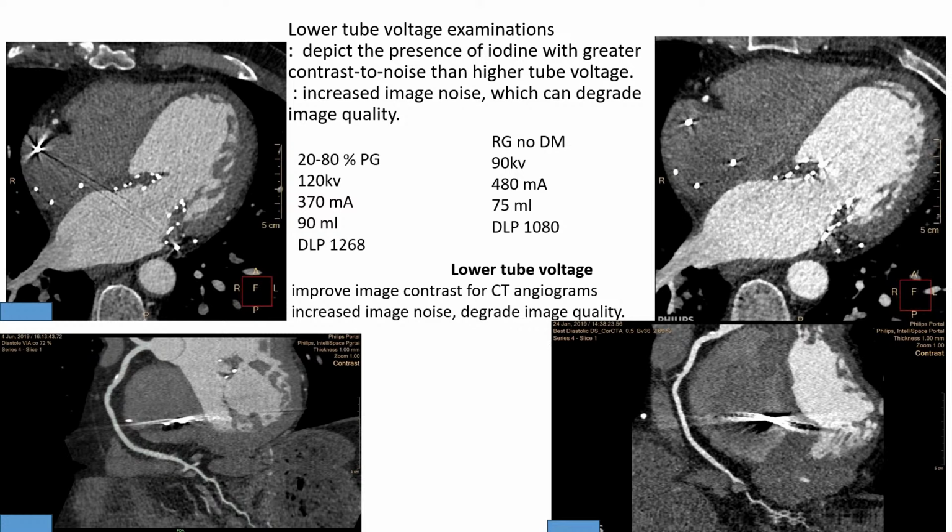There are subtle differences, but you can tell the contrast signal is a little brighter because 100 kV is close to the iodine edge, so you get more iodine signal. But the resolution is not as good, especially with tissue of higher density, because the energy is not high enough to go through those high attenuation objects.